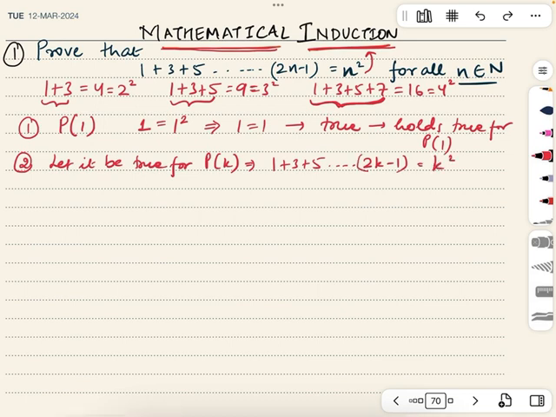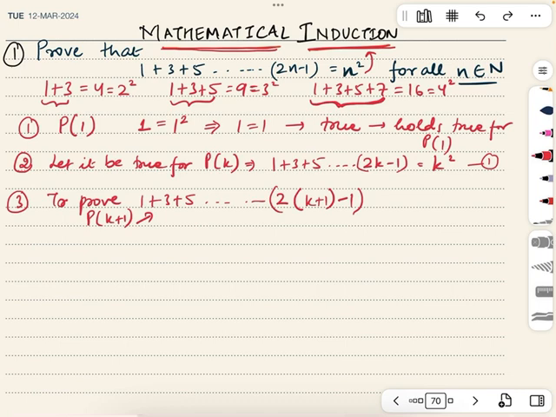Now this statement is going to help me in further proving that 1 plus 3 plus 5 and so on till 2k plus 1 is (k plus 1) square. So here we are going to prove it for P of k plus 1. This is what we are going to prove now.